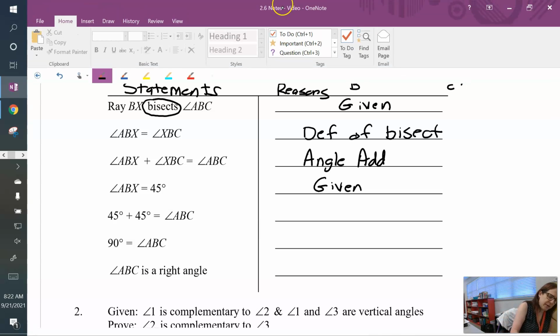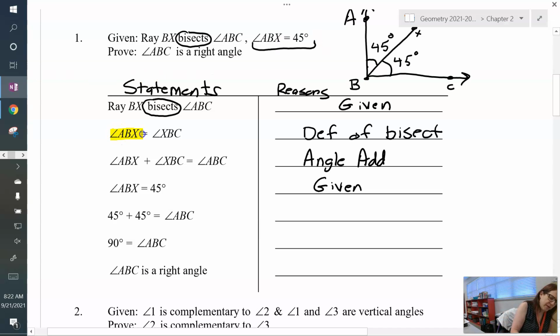And then we had angle, check this out, angle ABX equals angle XBC, and angle ABX equals 45 degrees. So our first ABX, this 45 degrees, that's a substitution.